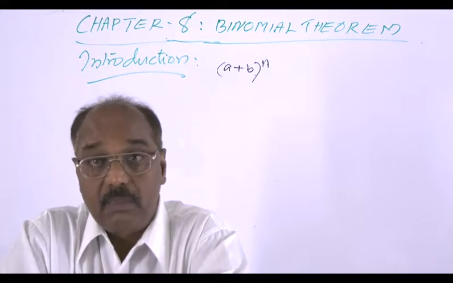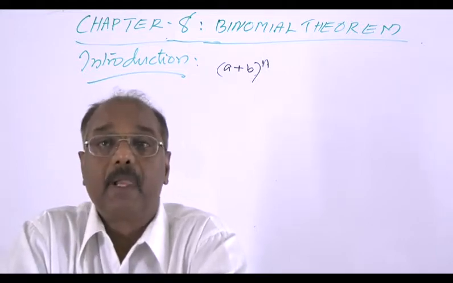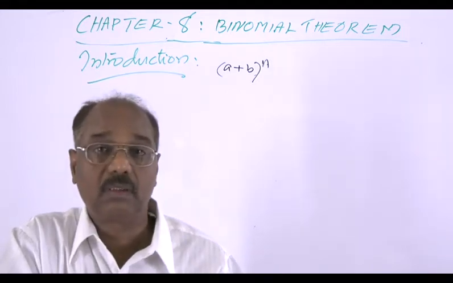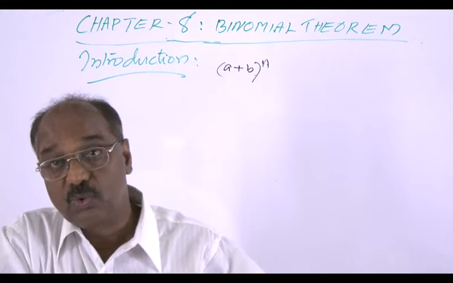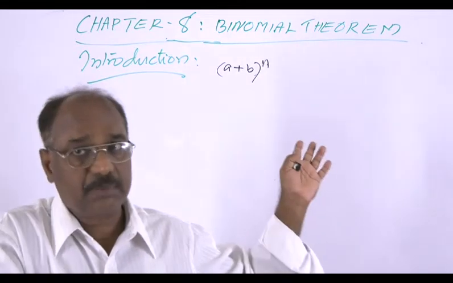Given this as a theorem, we prove this theorem using mathematical induction. We prove this result is true for n equal to 1. Then assume the result is true for n equal to k, given the expansion.